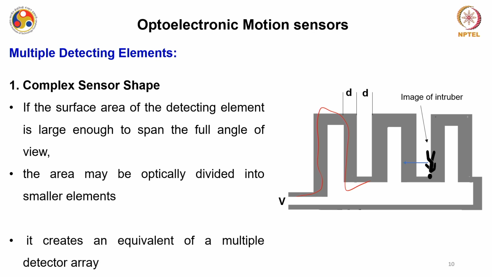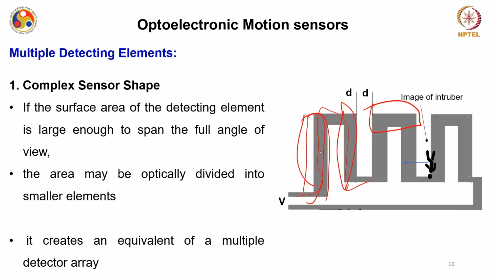So it creates the equivalent of a multiple detector array. If you see these elements, not only these vertical elements but these horizontal elements also, they are acting as a number of detectors placed in a kind of array.